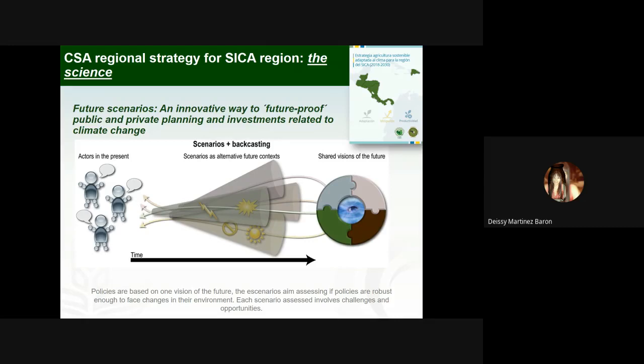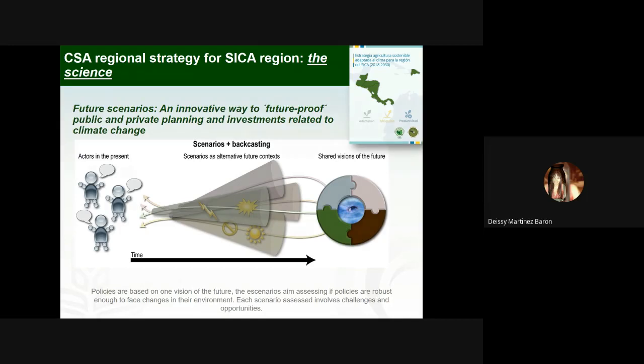We try to do this as a very participatory approach, so we have multiple stories about the future that are described by different stakeholders across the scales. And we also try to understand that the changes in agriculture happen within a system, not in a vacuum. That's the idea of this approach, so that we can make more robust policies.